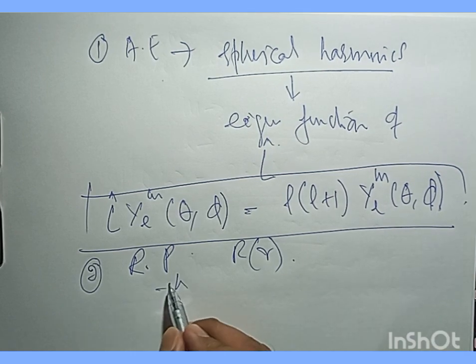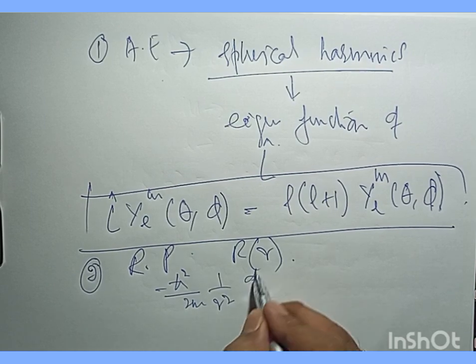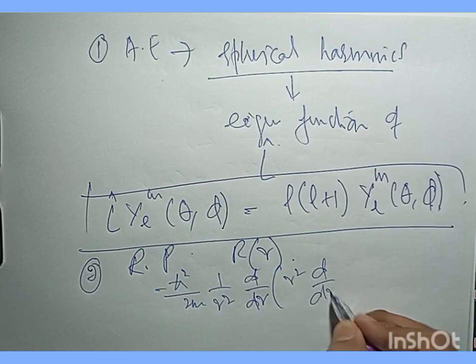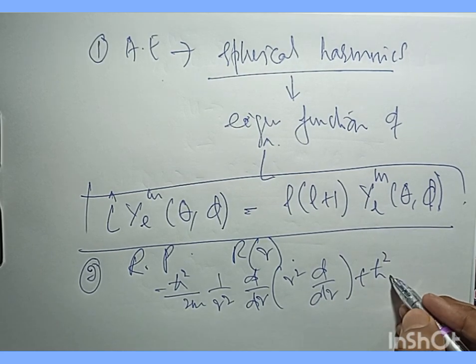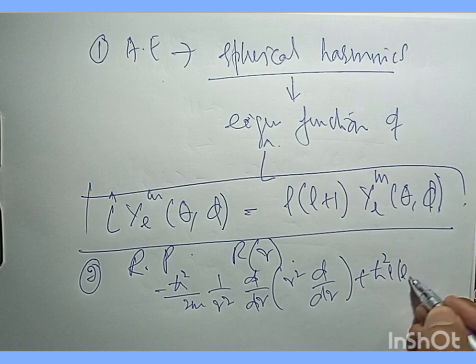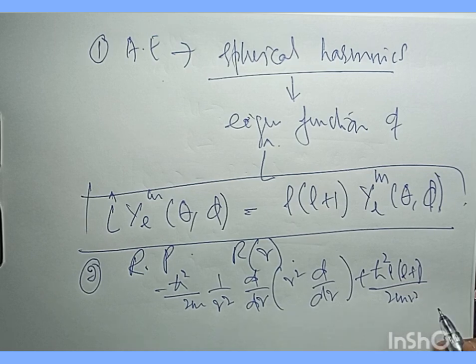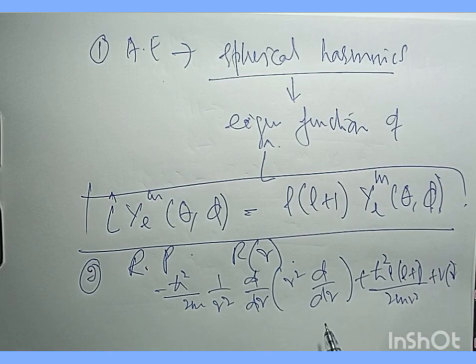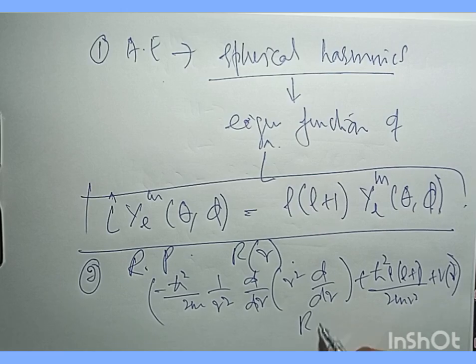That is minus h cross square by 2m, 1 by r square d by dr of r square d by dr, plus h bar square L times L plus 1 divided by 2m r square, plus V of r, and this whole thing is multiplied by R of r.